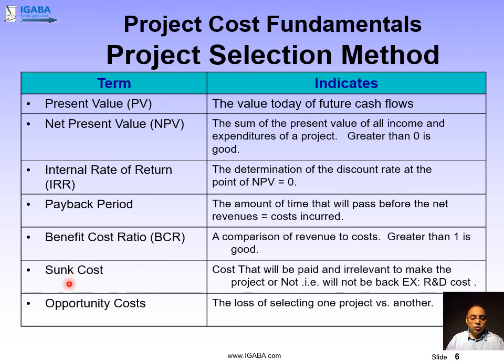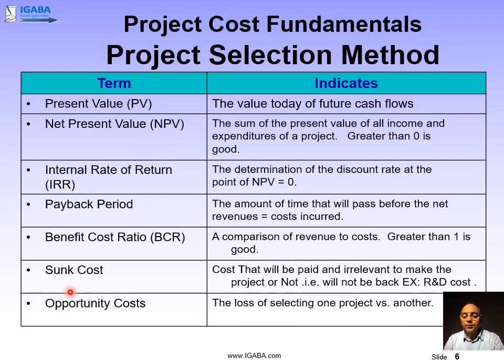Then we have the so-called sunk cost. Sunk comes from sink, to go down. When a ship goes down, that's a ship sinking. So sunk cost, that's the cost that is lost and will never be recovered.